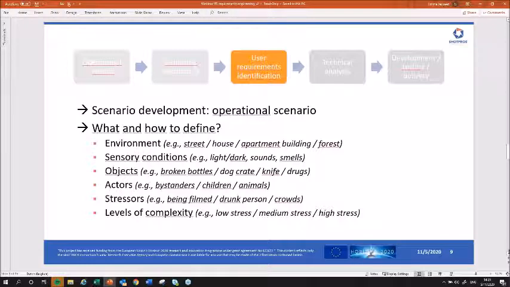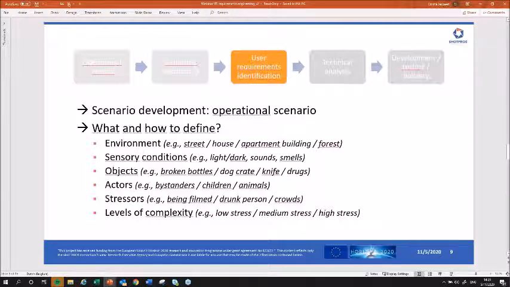You can have your suspect and maybe a victim, but you can also think of including actors that are very difficult to include in live trainings, which is another plus benefit of VR. For example, working with animals and with children is very difficult in real life simulations. So VR can provide some opportunities for that, to include child characters or dogs that run around or bark at you. So also bystanders, all these elements should also be identified.